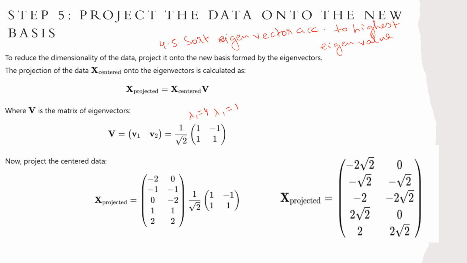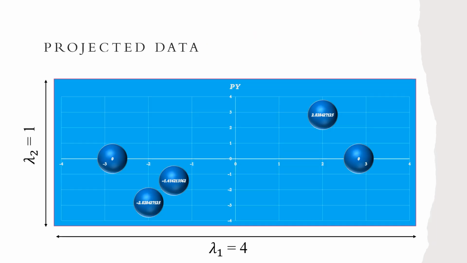Now if you plot this projected data, you can see that I have data points with certain values again on the negative side and certain values on the positive side.